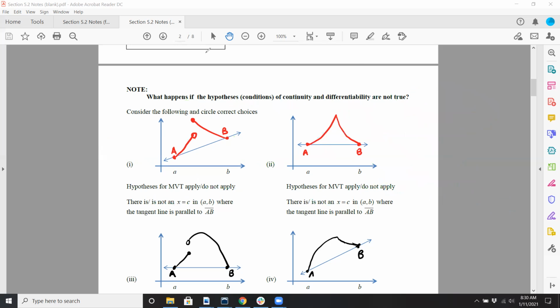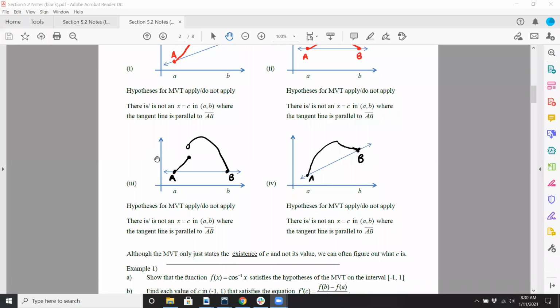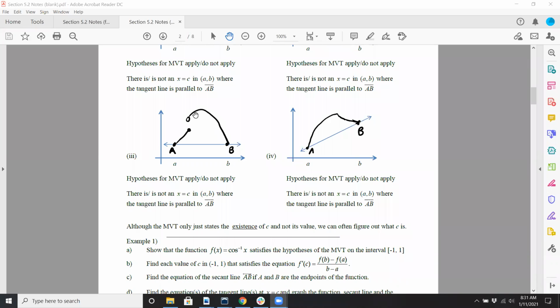Let's do some more examples. Now in this case, we do see a tangent line that's parallel here, and we do see one that's parallel here. Of course, this is not continuous. And this is a corner. Well, I don't want to say of course, but it is a corner.